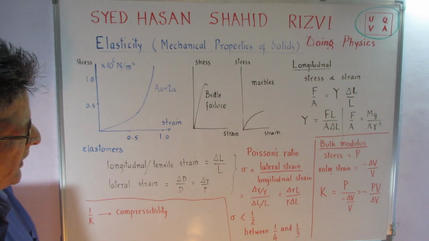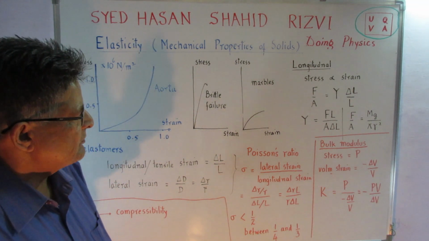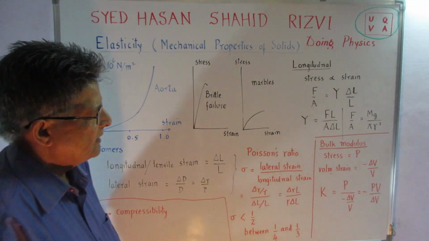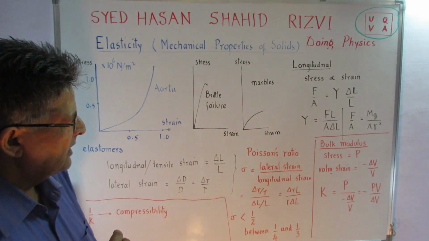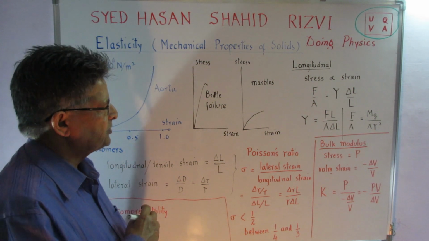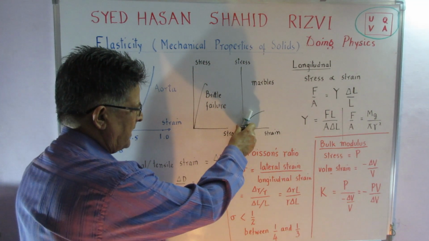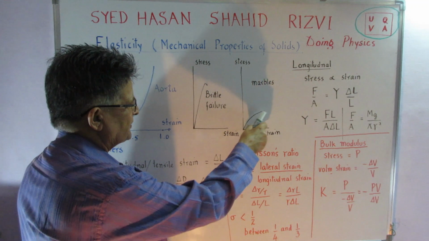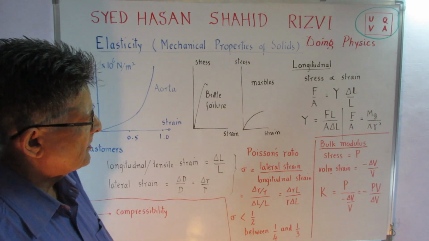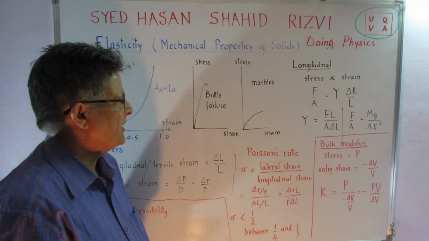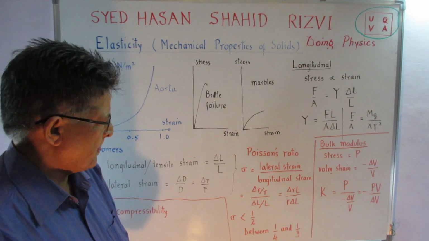We can also take the case of marbles. In the case of marbles, stress is proportional to strain, but that relationship, which should be a straight line, does not exist for most of its parts, and the marbles give in after a small amount of stress is applied on them.